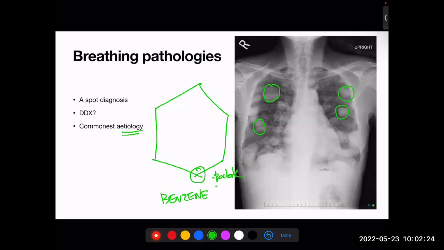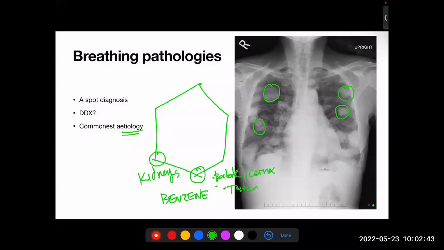If it's a woman, cancer of the cervix. Cancer of the prostate, then kidneys, or even down here you can also have testicular tumors, although choriocarcinoma is one of the testicular tumors. What's up here?